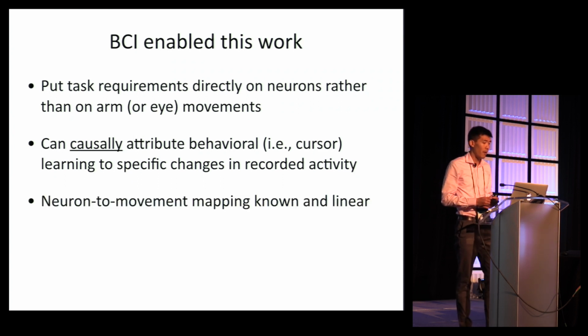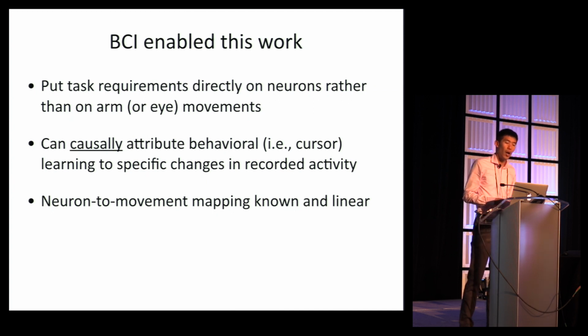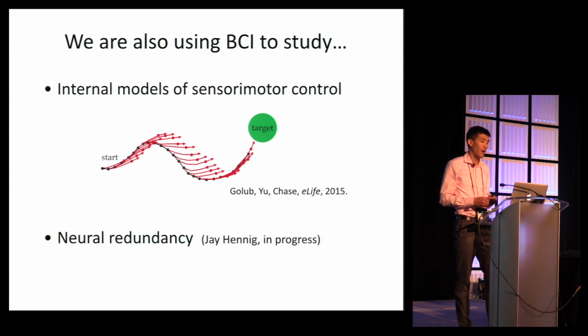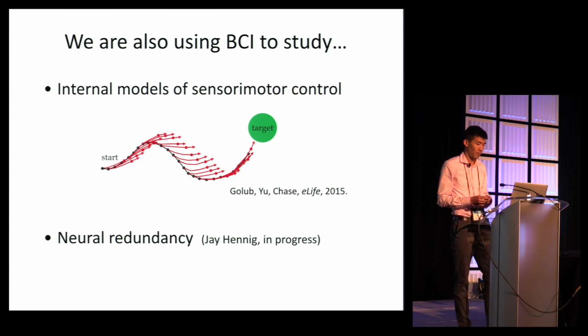Thirdly, in the BCI, we define the neuron to movement mapping, and we could define it to be linear. This was enabling for defining the various hypotheses in the second part of this talk. I'll also mention here, without going into any details, that we're also using BCI to study internal models of sensory motor control, as well as neural redundancy.